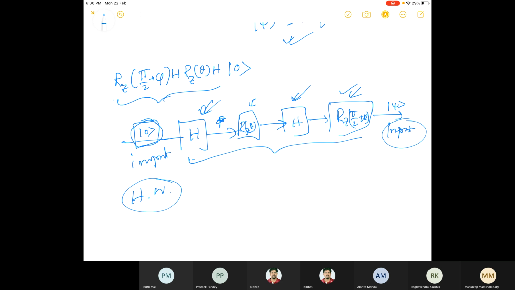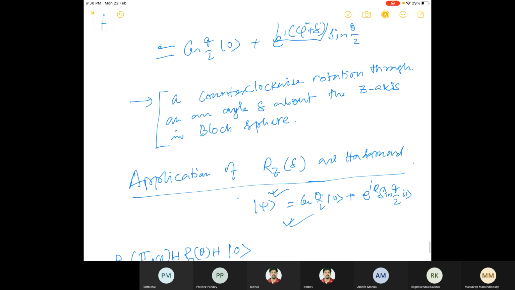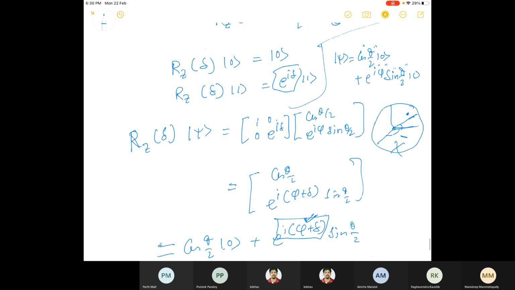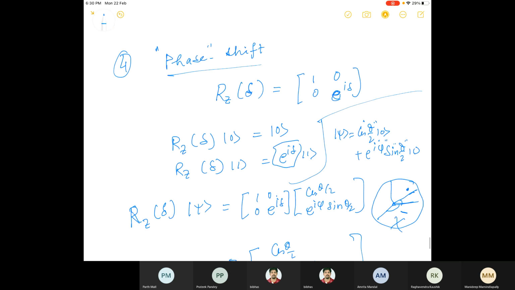Now, since this RZ, I said, is a phase shift gate, and I defined it directly and observed that it is rotating the qubit around the z axis by an amount delta, my question will be: can I have a gate which will rotate my qubit on the sphere around the x-axis, around the y-axis, or around any arbitrary axis?